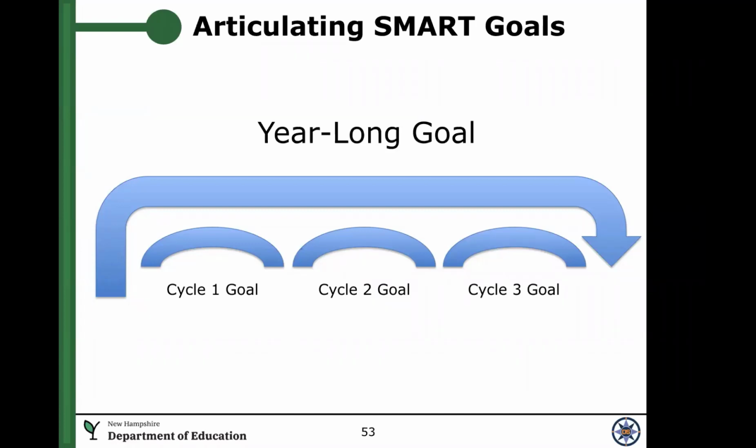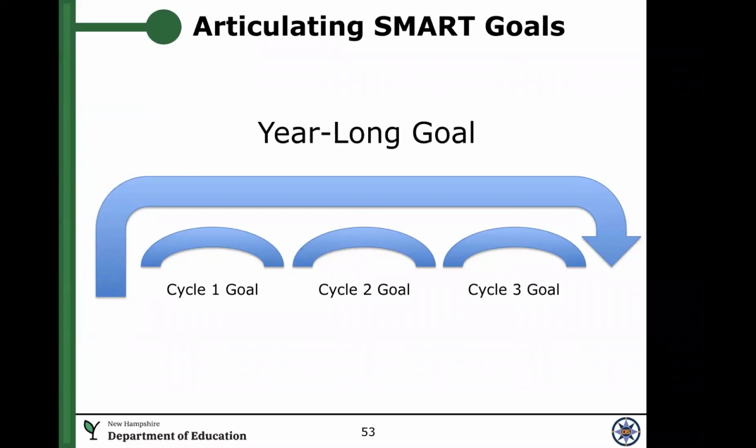Sometimes they're called SMART goals, and sometimes they're SLOs or student learning objectives. There's a lot of different acronyms for them, but a lot of schools are saying that each teacher needs to figure out for students what goal they're going to have for this year, where kids are starting and where we want them to be at the end of the year. But also within that, you want to make sure that you're looking at specific cycles of learning to make sure you get to that year-end goal, right?